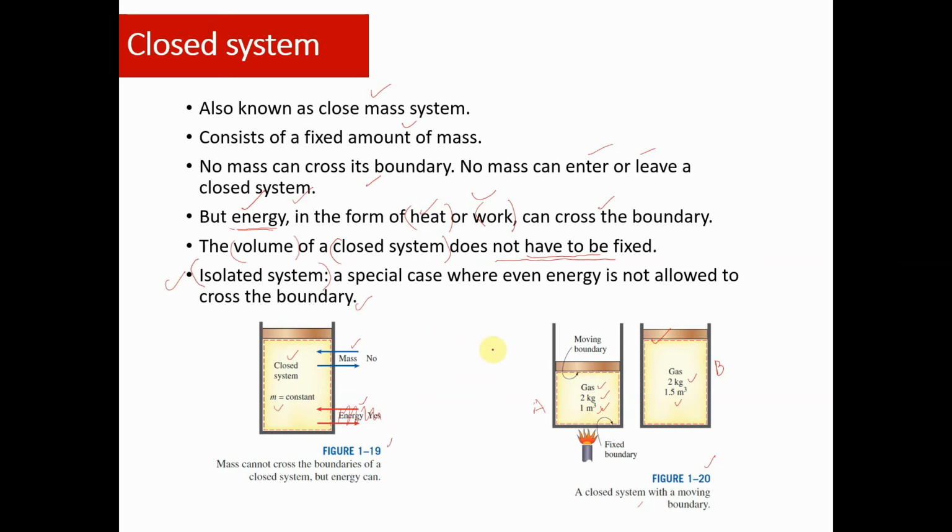So no heat can go out or go in, and the mass is still fixed in that system. So that's about the isolated system. But this is a bit different from the closed system, in which for the closed system we still need to consider the movement of energy in or out of the system.